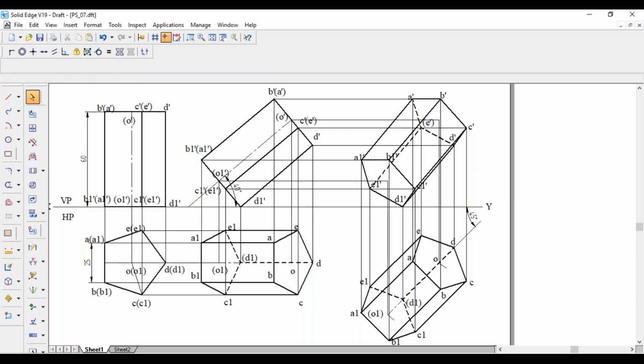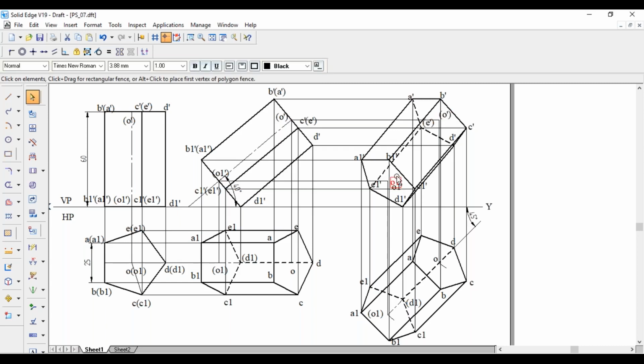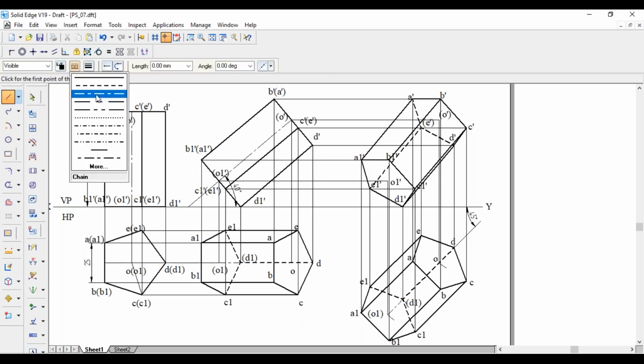As the bottom face is visible, O1 dash is outside the bracket. As the top face is invisible, O dash is inside the bracket. As it is not coinciding with any other lines, join those with the axis chain line.